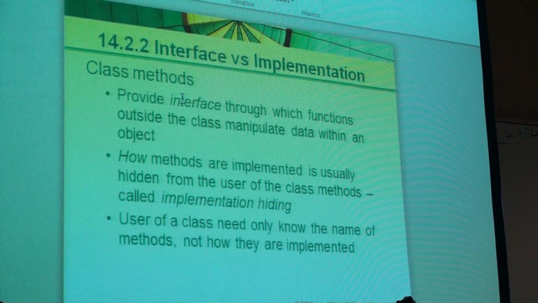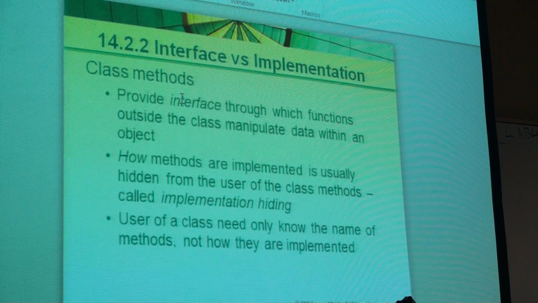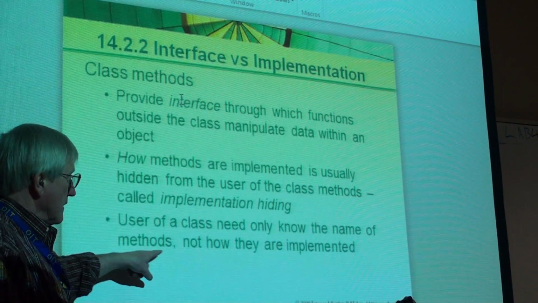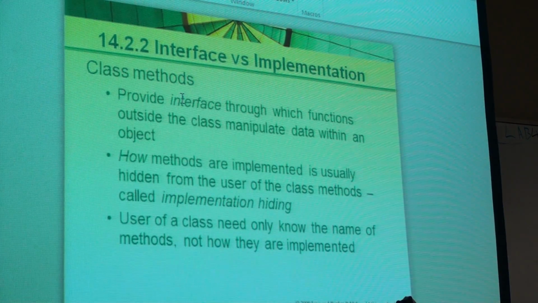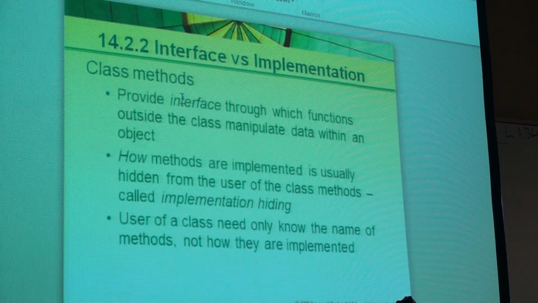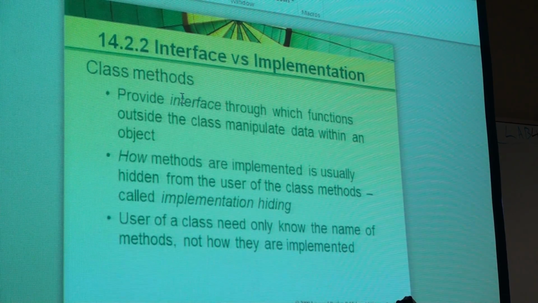Clear? So the user of a class need only know the name of the methods and not how they are implemented. String toke. You could look at the detail on string toke, but all you want to know is it's called string toke. What are its parameters? What are the types? And how many in what order? Right? That's all you want to know. Same issue here.